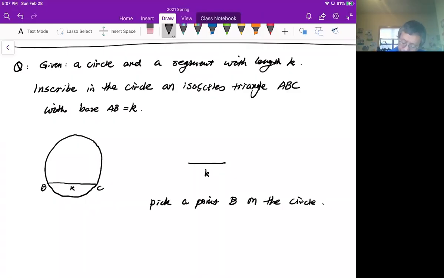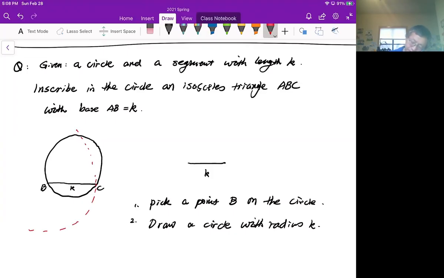And then, second step, you draw a circle with the radius of k, because I want the base to be k.